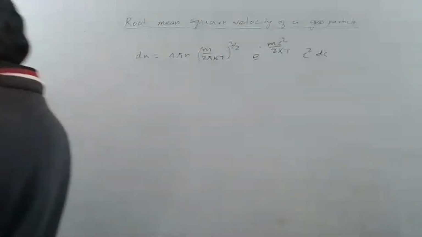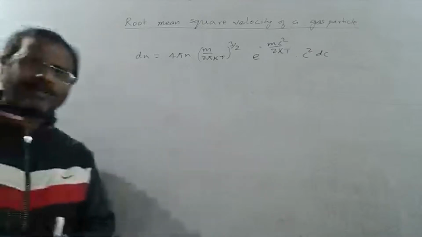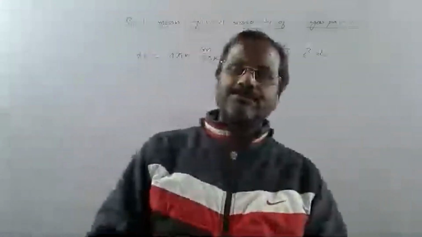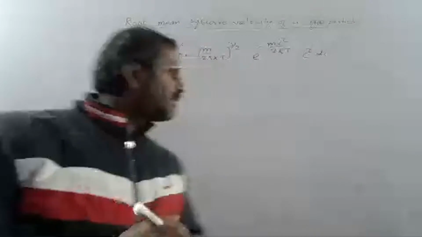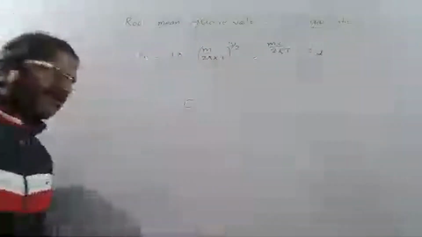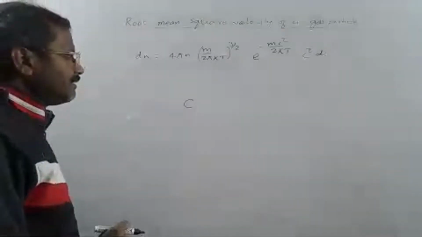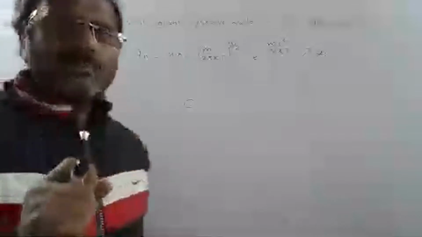Now we have to deduce the root mean square velocity of a gas particle. For that, suppose we have the velocity c of a gas particle and we have to calculate the root mean square velocity.